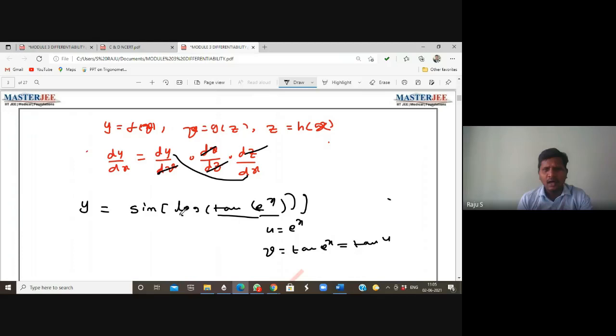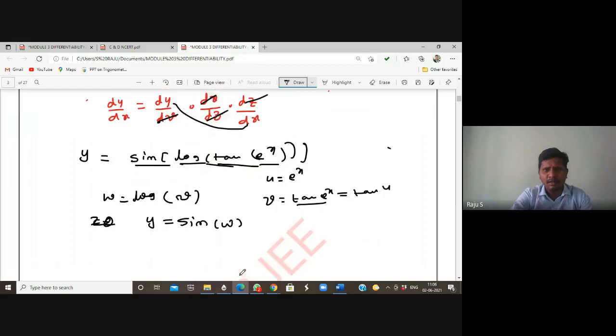Log will be there. This log of tan of e power x I want to take as w. So w is equal to log of v. Finally this sine of the total value I want to take as some other variable. Otherwise, here itself we can write directly. Then y becomes sine of w.